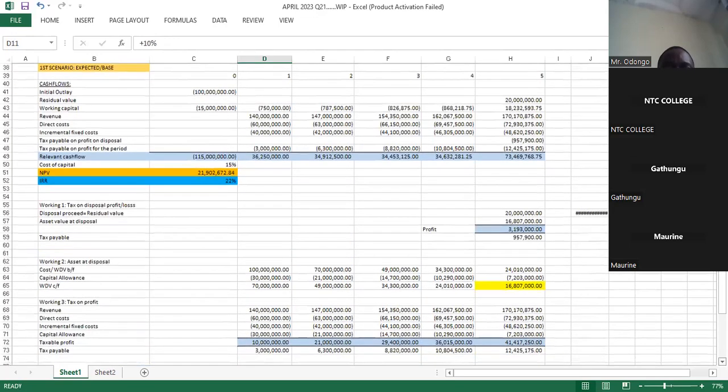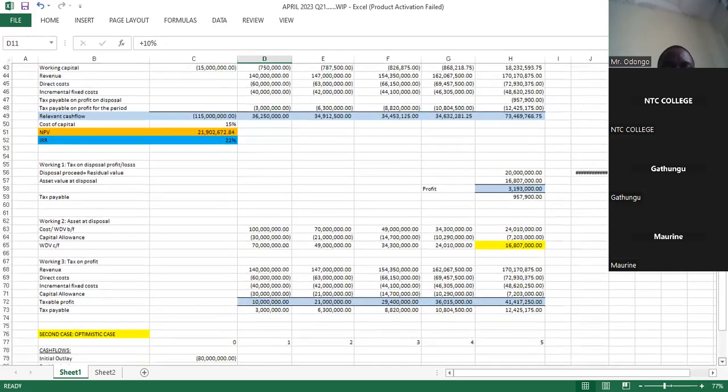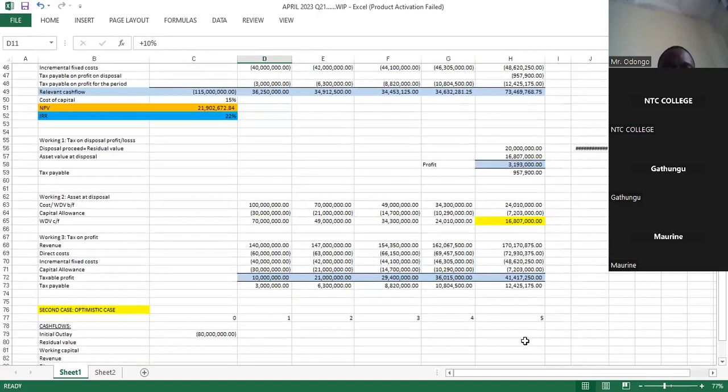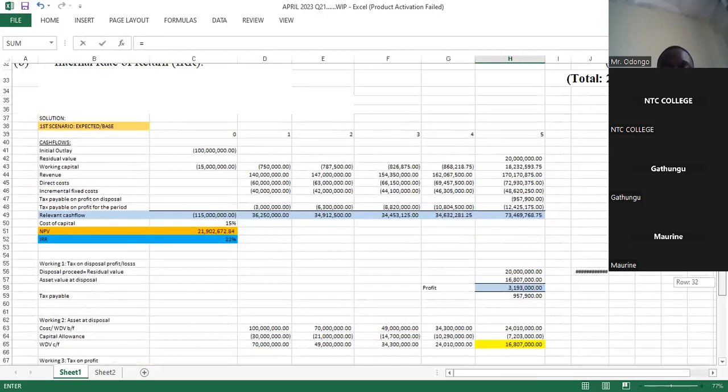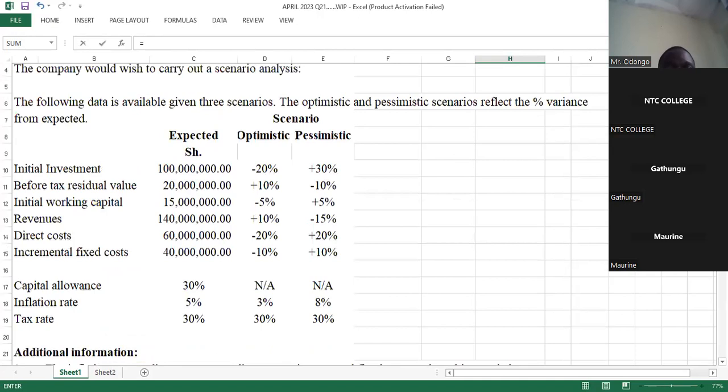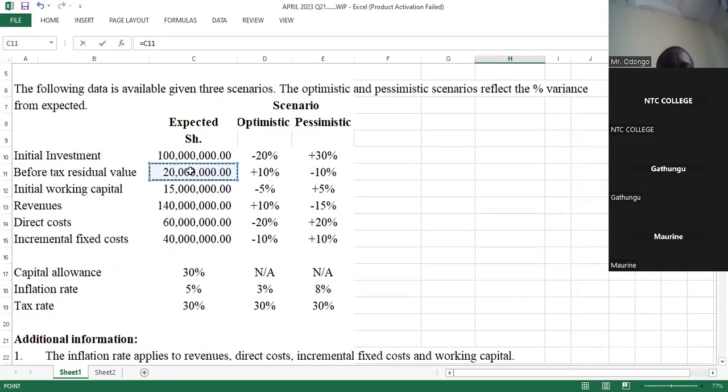We already saw that the residual value applies for year 5, yeah? That's when the project ends. So under year 5, we will say equal to, I pick the 20 million under the expected. I multiply by what?